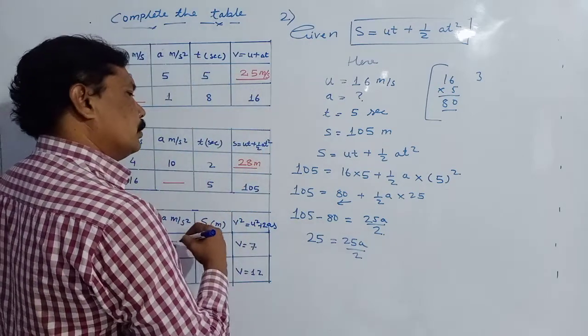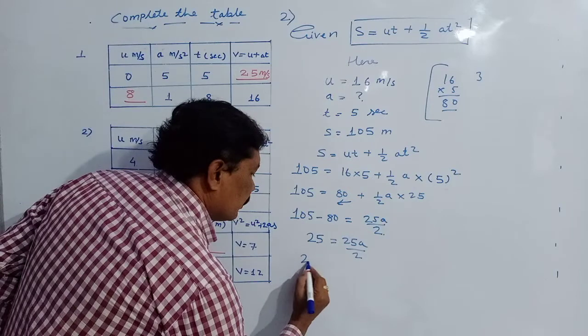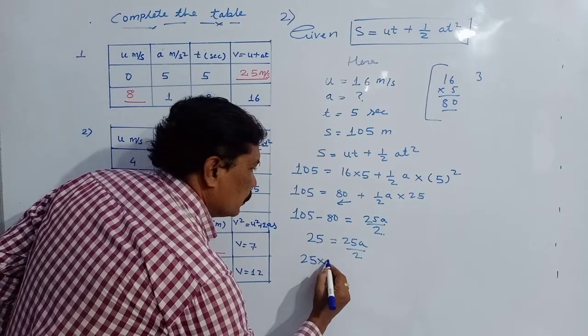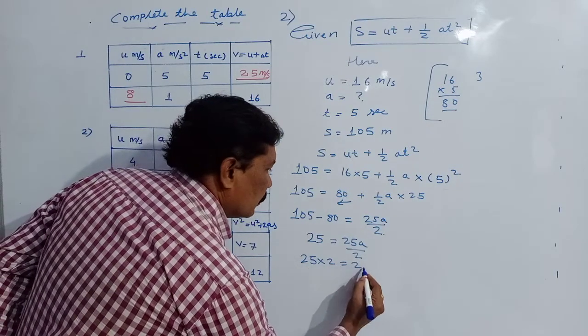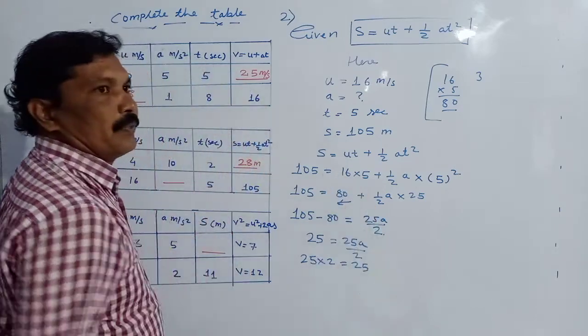We'll take the 2 to the other side of the equation. 25 into 2 is equal to 25a.